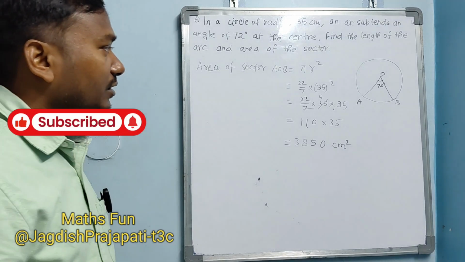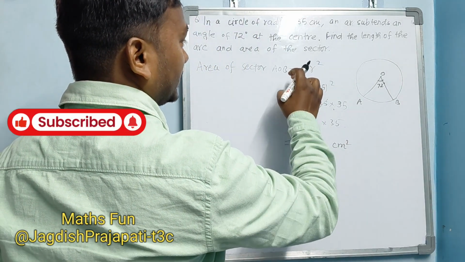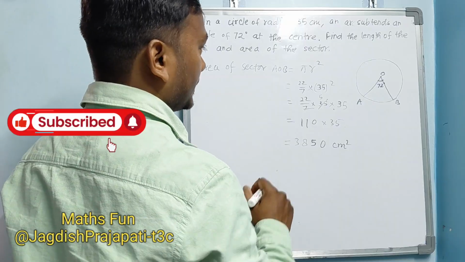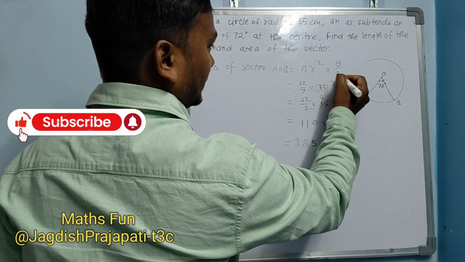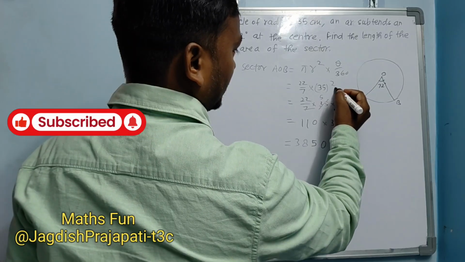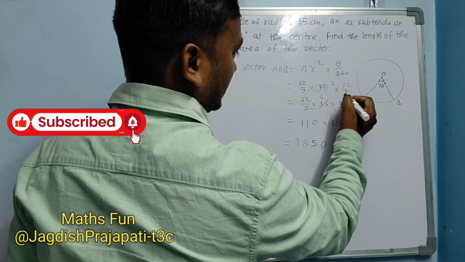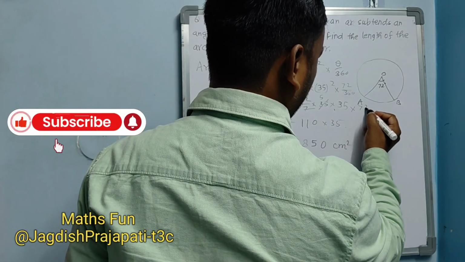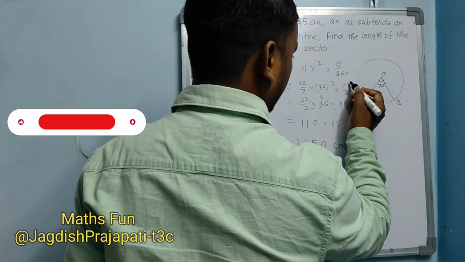Oh, sorry, I have made a mistake. I forgot to write here theta by 360. So 72 by 360, you can simplify it.